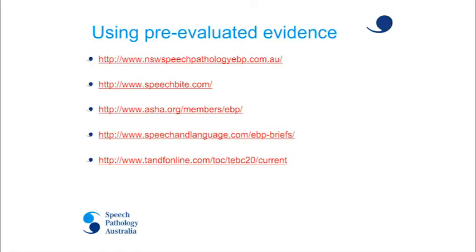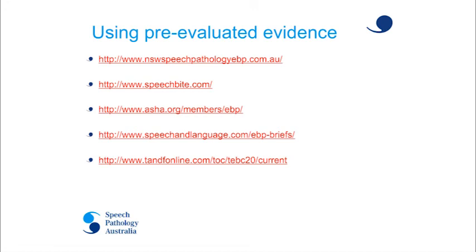The first link takes you to the New South Wales EBP network site, and they too provide us with pre-evaluated evidence, critically appraised topics and critically appraised papers around a range of different areas. Worth looking at. The third link takes you to ASH's EBP pages, and these are an amazing resource.